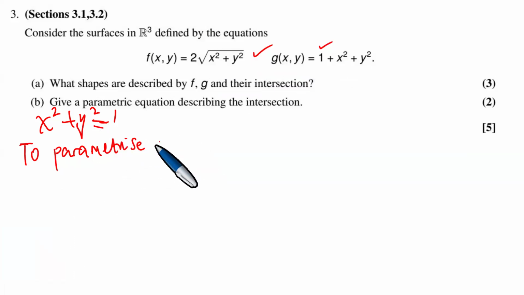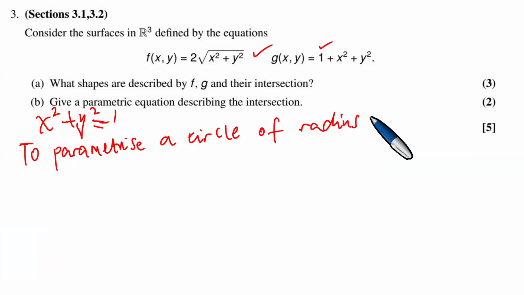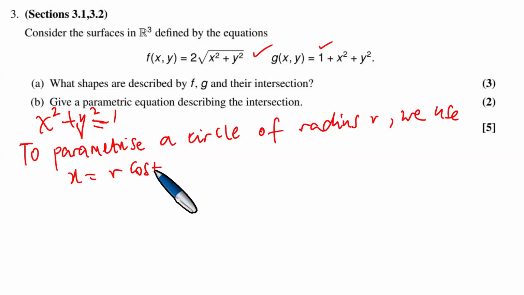To parameterize a circle, this one is a circle from school, to parameterize the circle of radius r, we use x equals r cosine t, and y equals r sine t. Because circles are parameterized like this.